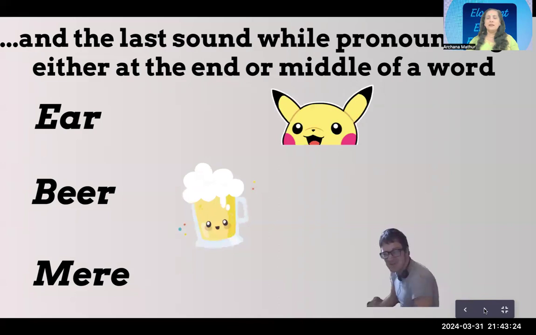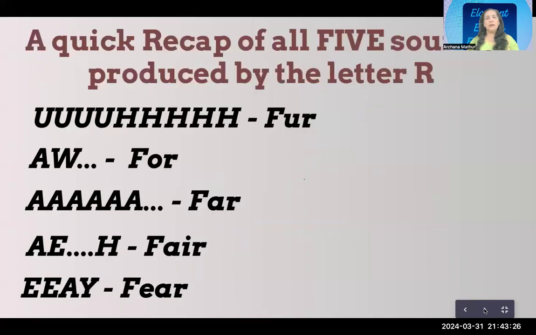So let's just take a quick recap of all the five sounds. The first one is the thinking sound. So fur. Then for, door. Then the R sound, far. Then the fourth one, pair. You pronounce it and you go down.